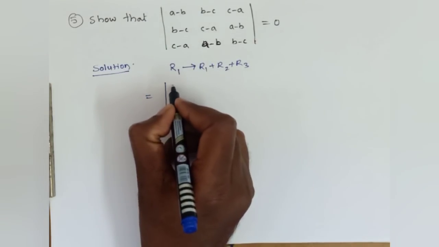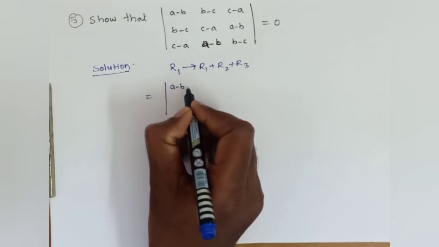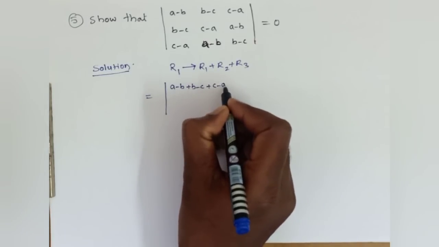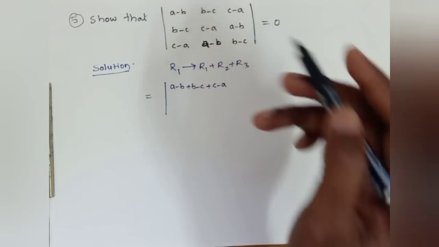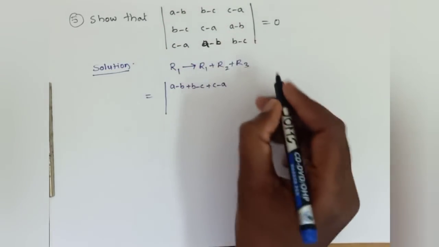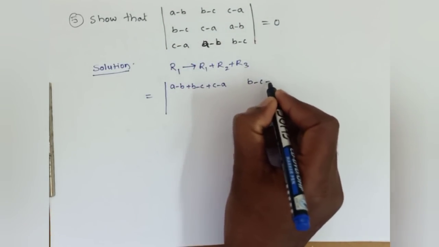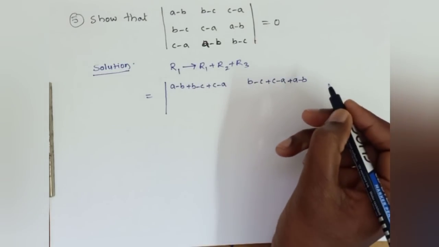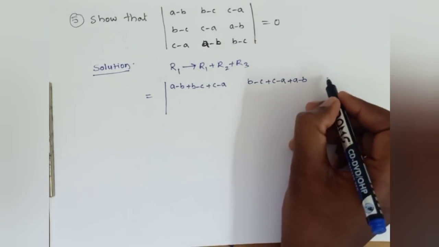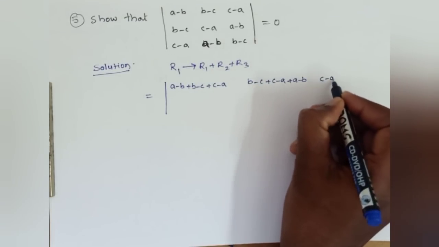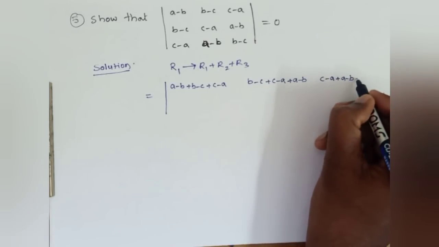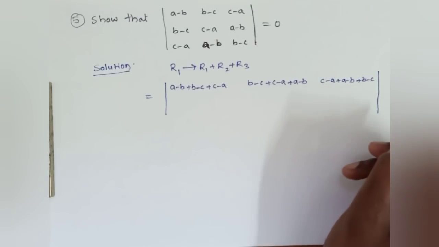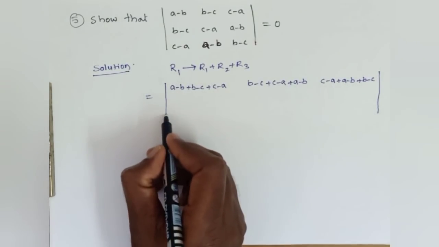That means it is A minus B plus B minus C plus C minus A. Similarly, the second is B minus C plus C minus A plus A minus B, and in the same way the third is C minus A plus A minus B plus B minus C. Is there any change in row 2 and row 3?